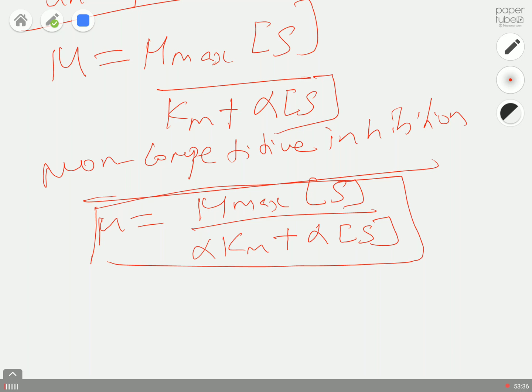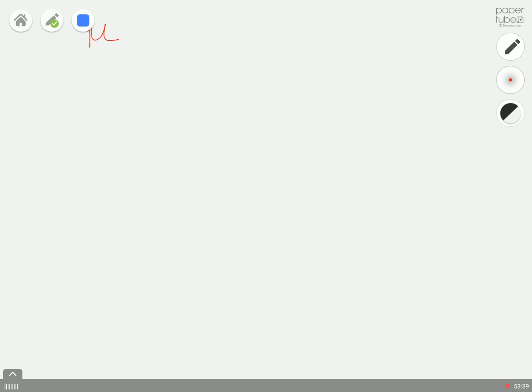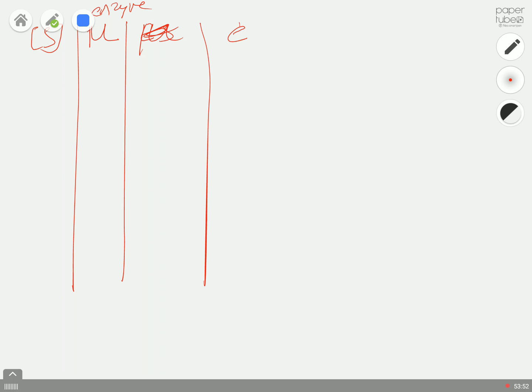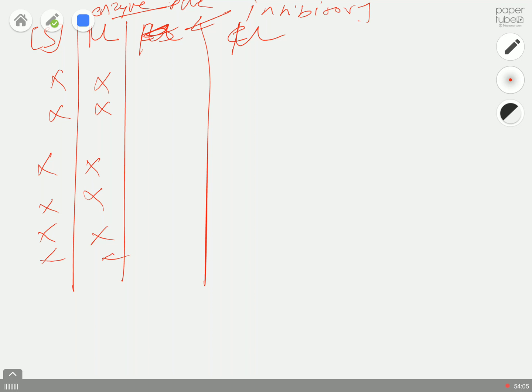Just imagine I give you some data: substrate concentration, initial velocity of the enzyme, and another initial velocity. You have some numbers here. So say this is pure, this is with some inhibitor, say inhibitor 1, this is in the presence of inhibitor 2, and another mu value in the presence of inhibitor 3.